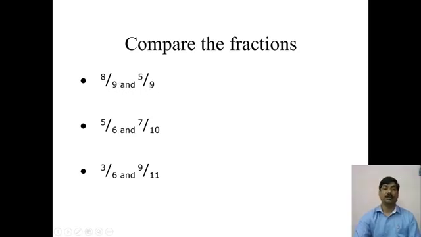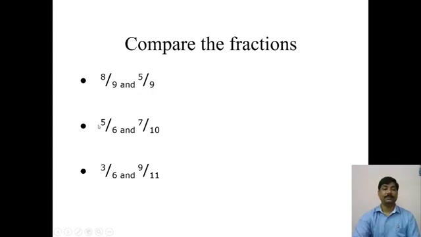So we use the rule for comparing like fractions. Whenever the fractions are like, the fraction having the larger numerator will be larger. So it is clear 8 upon 9 is greater than 5 upon 9.